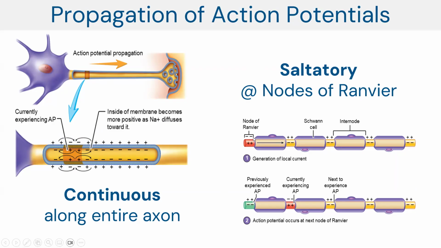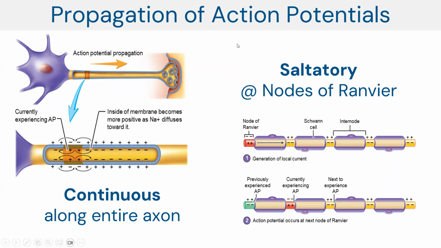And so the action potential really kind of happens at one spot and then jumps to the next spot, jumps to the next spot, jumps to the next spot. So that saltatory propagation means it's jumping over those nodes. It's not necessarily that our entire axon becomes positive at one time and changes back to negative. So it really happens in segments.